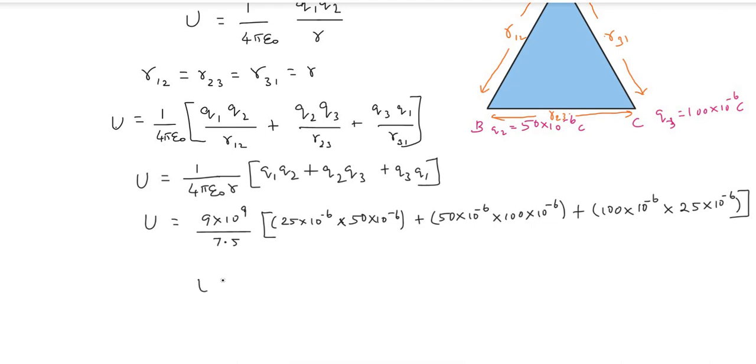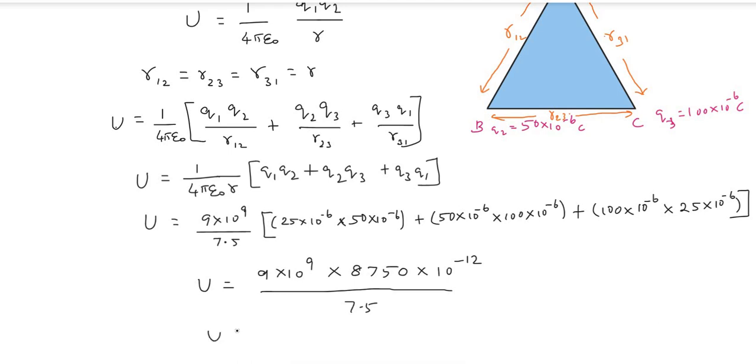U equal to 9 into 10 power 9 into, simplify this value, 8750 into 10 power minus 12 by 7.5 by 7.5.